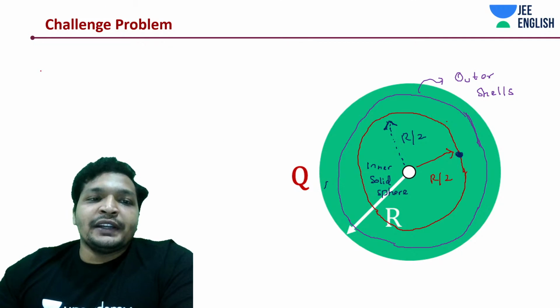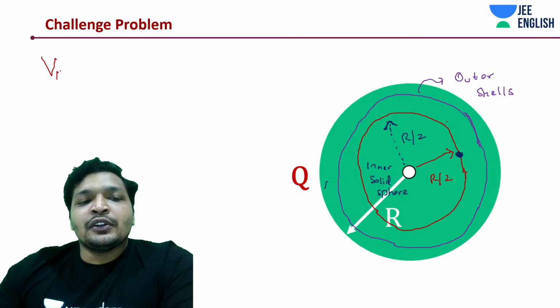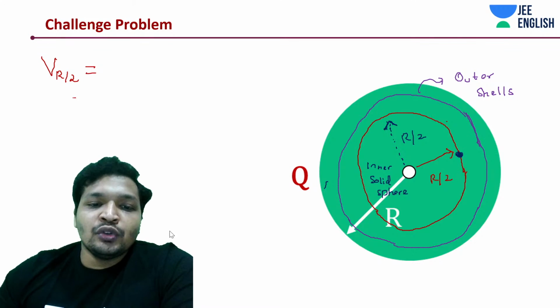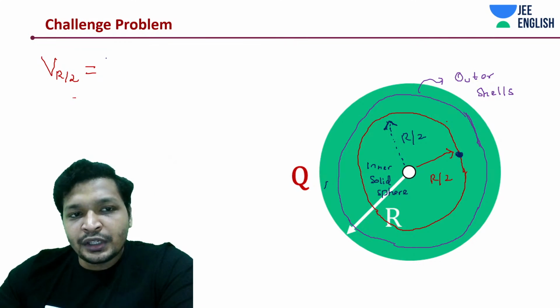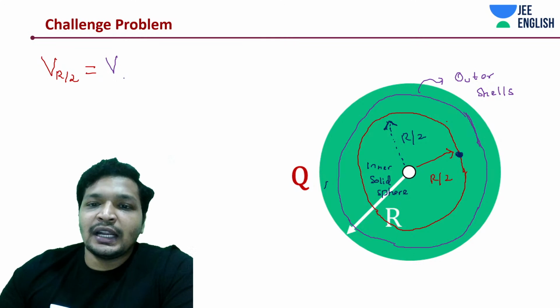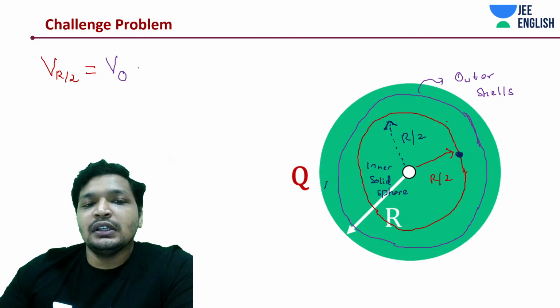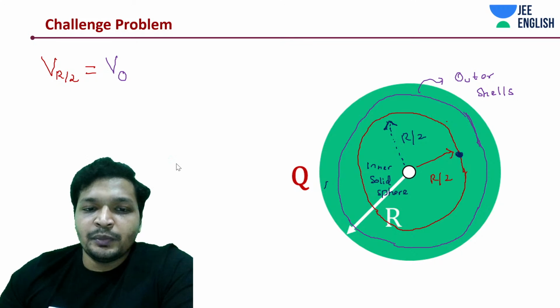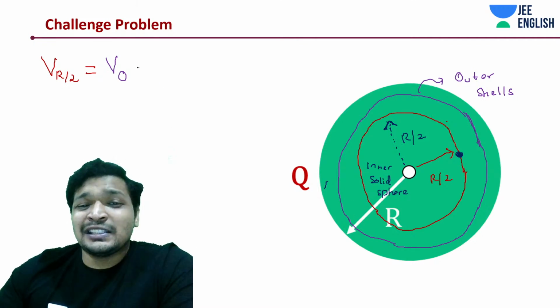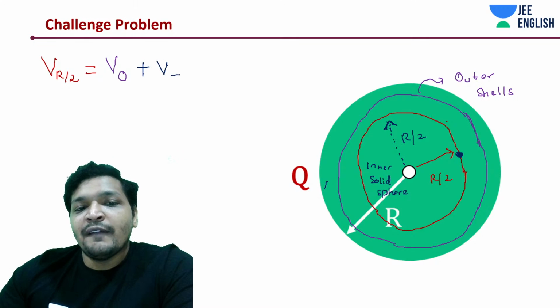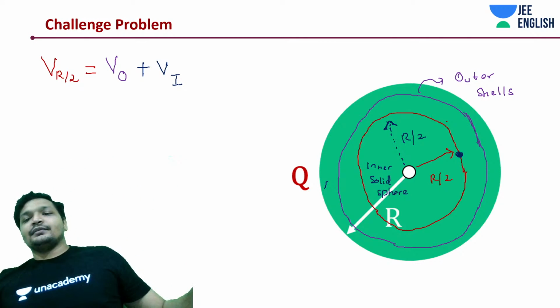If I had to find the potential at a distance r by 2 for this case, I would be finding two potentials. One would be due to the outer shells, let's call it V outer. And the other one would be due to the inner sphere, V inner. V inner is easy, isn't it?